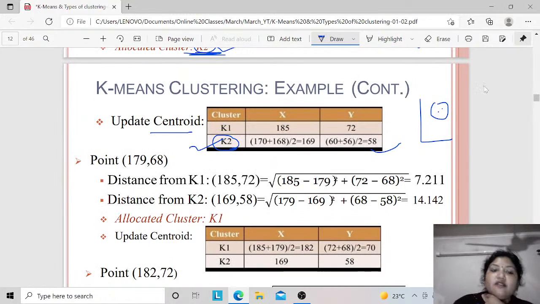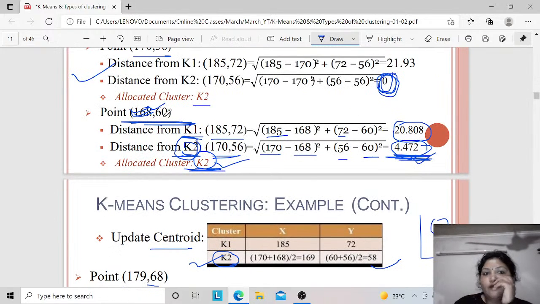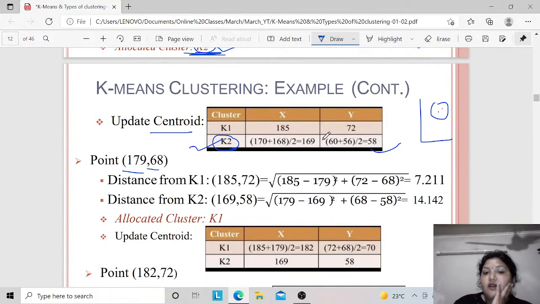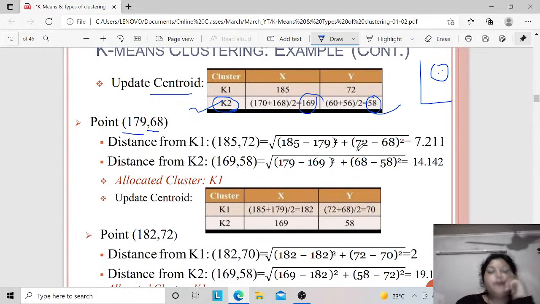Now let us take another point, that is 179 and 68. Now our K2 value is not 170 and 56. Now my centroid value becomes 169 and 58. So each time a point is added to a cluster, remember this, you need to update the centroid value as well, right? So here now you are calculating the distance from K1 and K2.